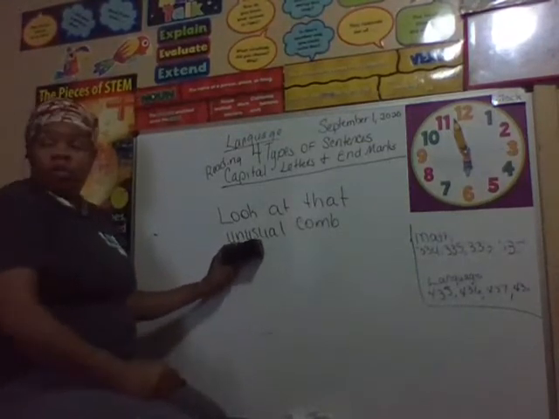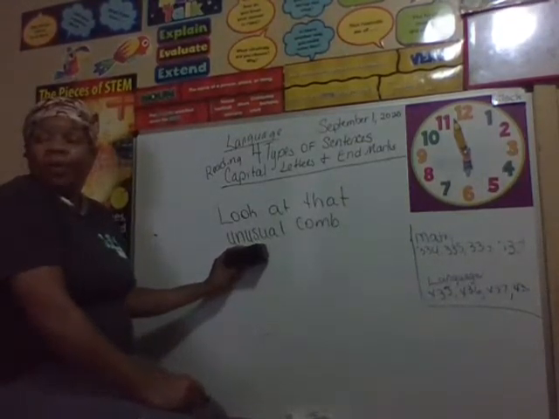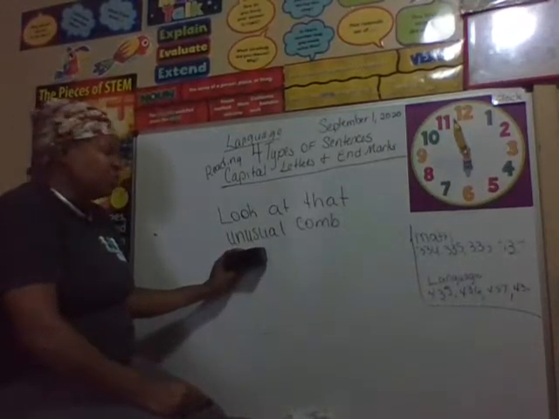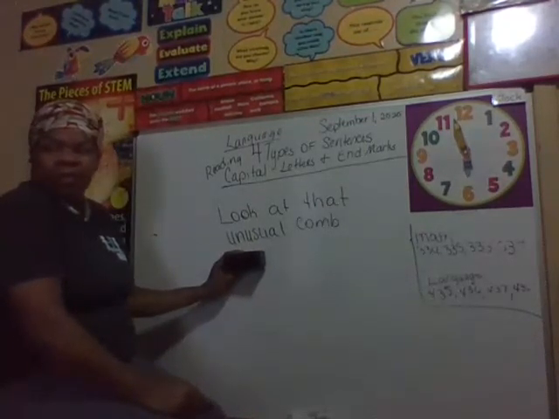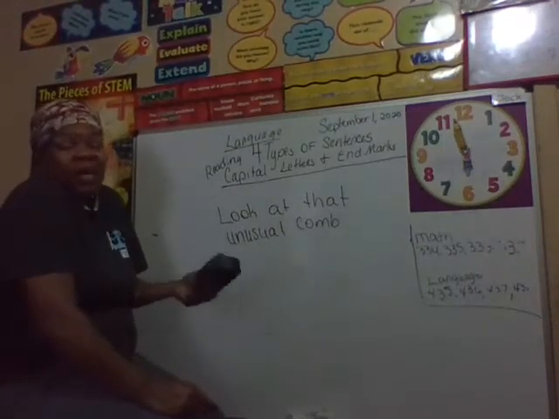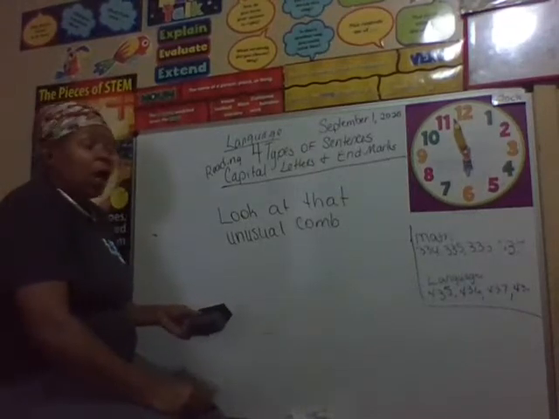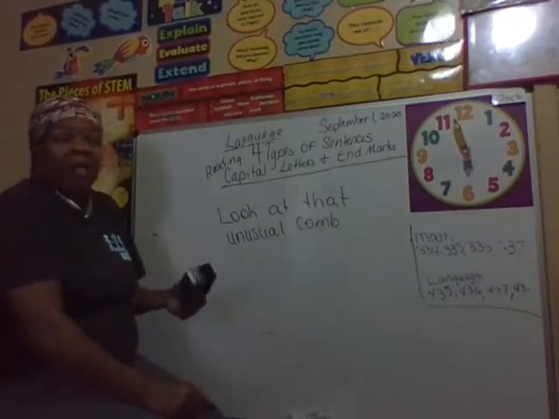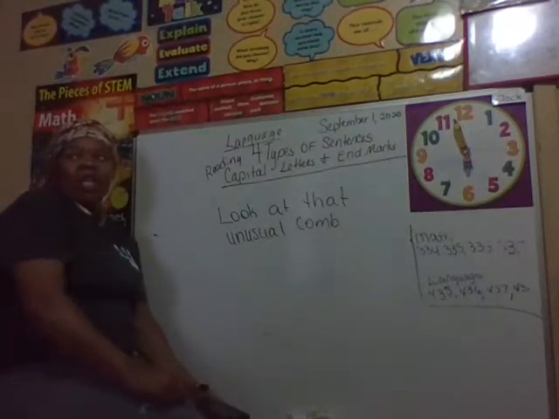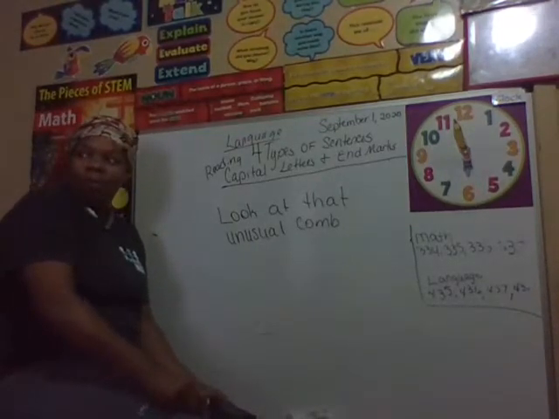Remember, it's unusual. If it's unusual, what does that mean? Something that's unusual is something you probably haven't seen, or it looks kind of weird, kind of funny. So if something looks kind of weird, you say, oh, look at that unusual comb.